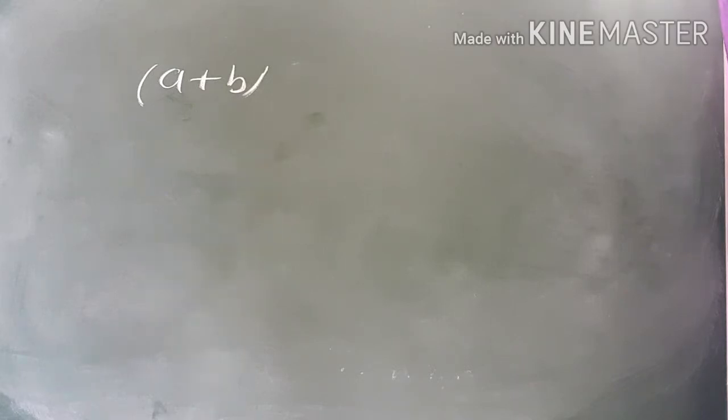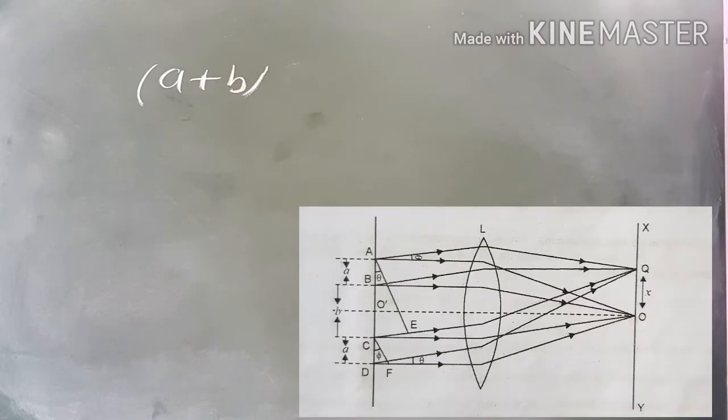Now first of all we discuss interference maxima and minima. Let the secondary waves be traveling along a direction theta with the direction of the incident wave. Now the intensity at any point Q will depend upon the path difference between the waves from the two slits diffracted at an angle theta.